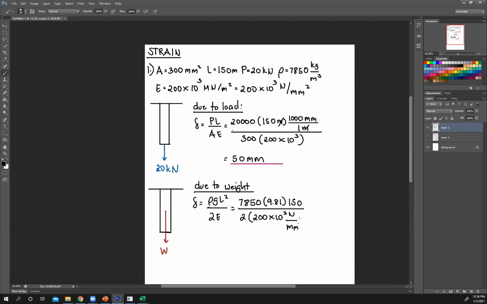But again, everything is in meters for these values, so convert to meters. So 1 meter is 1,000 millimeters, then squared.